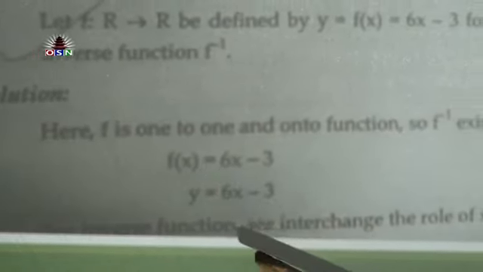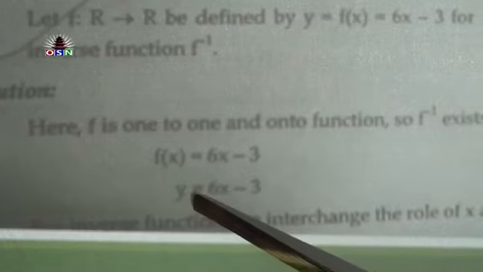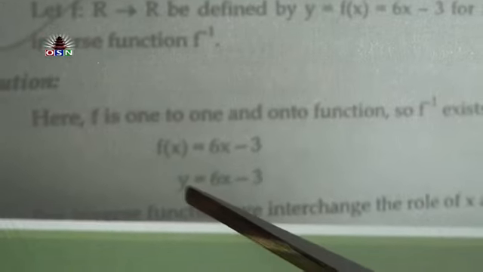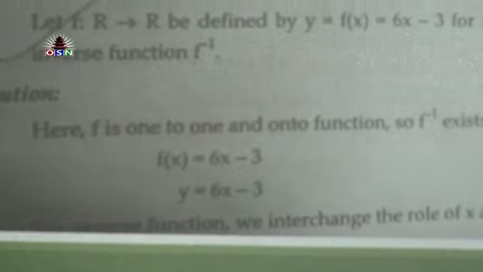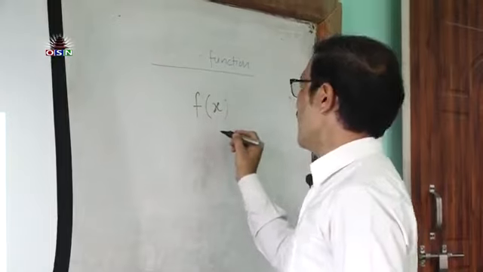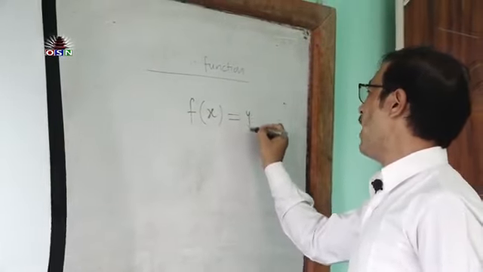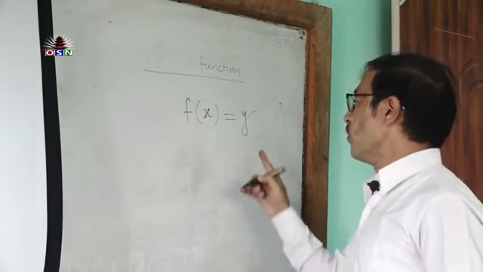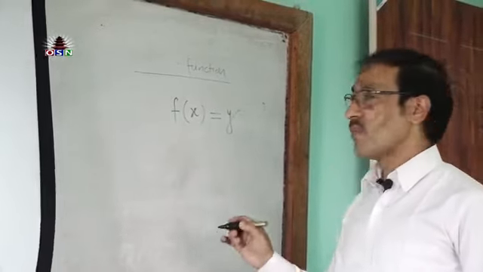So f(x) = 6x - 3 is given, and when x is the input, let's suppose y is the output, so you can put y here: y = 6x - 3. That means in this function f, x is an input and it gives you y as an output, so f(x) = y.